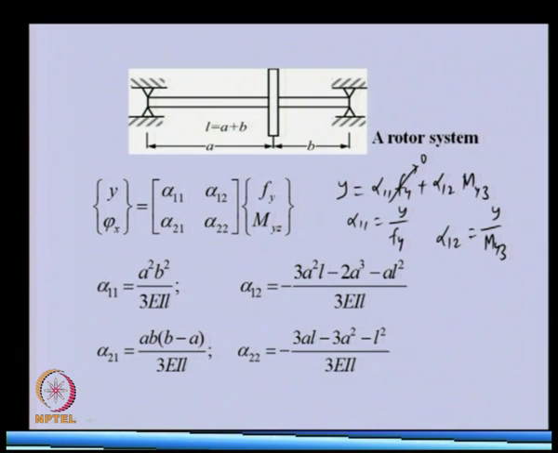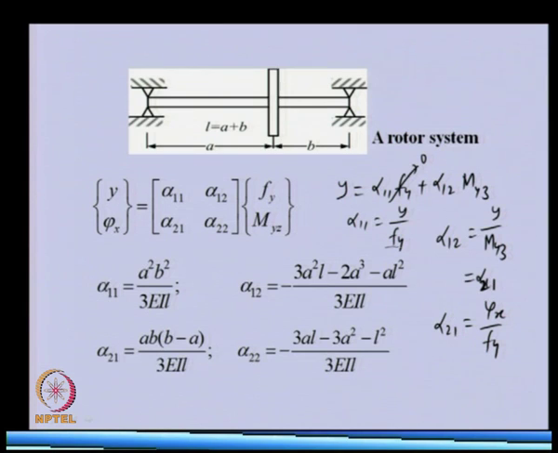As I already mentioned, alpha 2 1 will be the same as this one, but the definition of alpha 2 1 is different. It is the angular displacement due to the force at this disc location when we keep the moment 0. So, the definition is different, but the values will be the same for both alpha 1 2 and alpha 2 1.